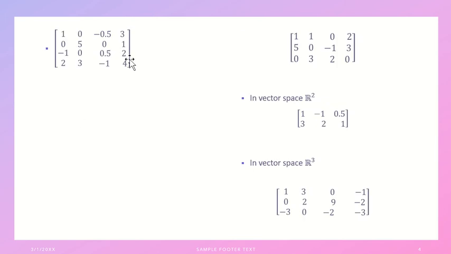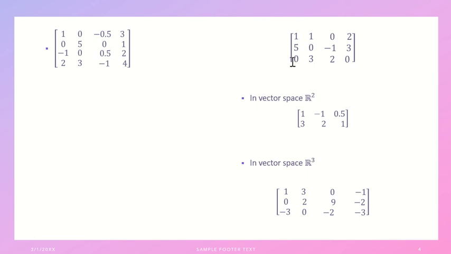For example, here in this matrix, the first column, or first vector, has a relationship with the third column. If we multiply the first column by minus 0.5, we will get the third column. It means that this matrix will not give us a single exact value for each variable, and one of our variables will have infinite values.